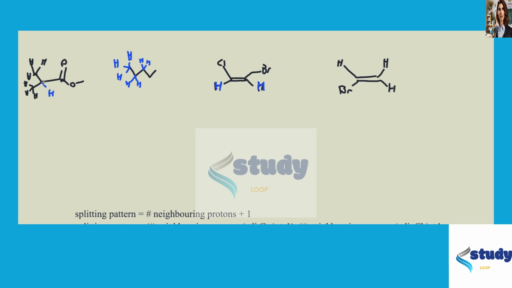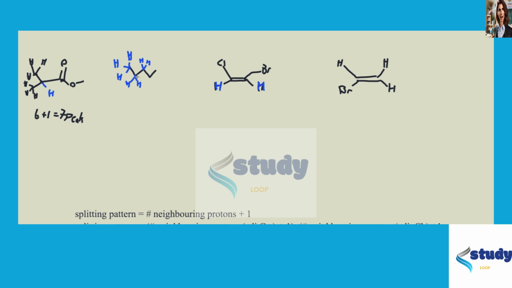So we have to ask ourselves, are these two neighboring protons identical or different? If they're identical, we use the first equation. If they're different from each other, then we have to use the second equation. But these are identical because they're both methyl groups. So here we have 6 neighboring protons plus 1. So we will have 7 peaks for this single proton here.